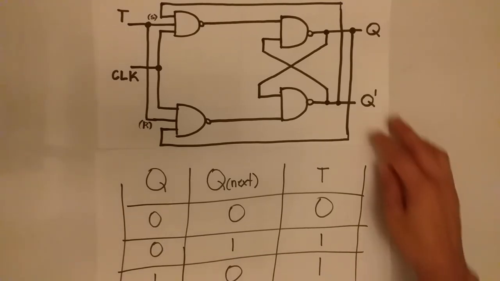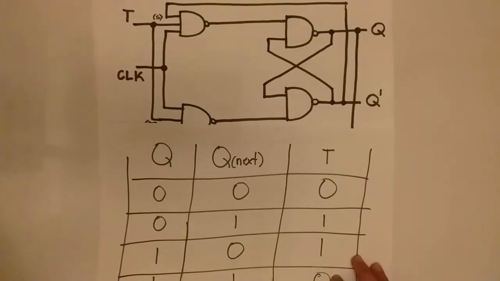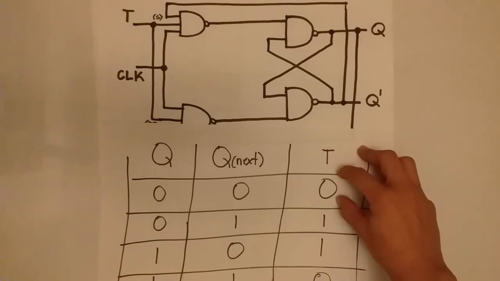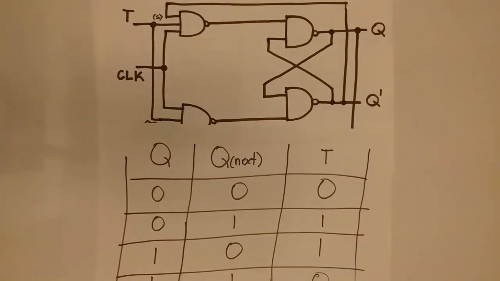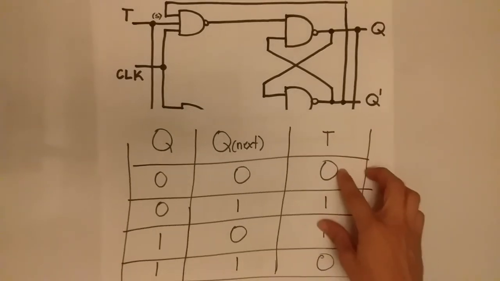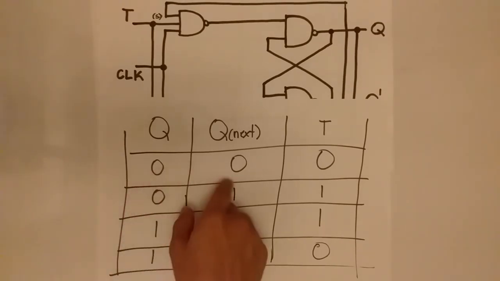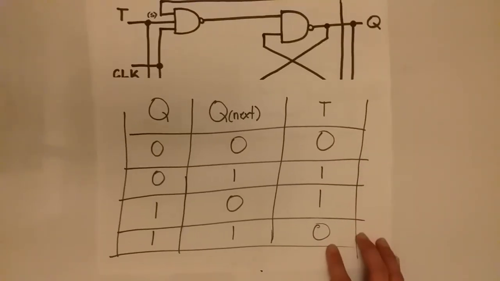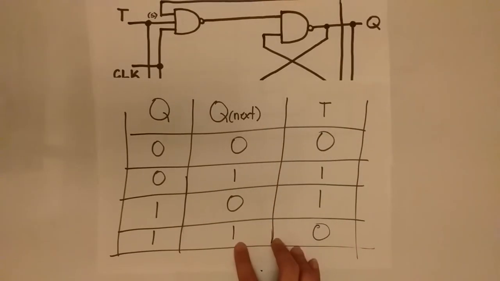In simple terms, the operation of the flip-flop is when the trigger input is equal to 0, the next state of the T flip-flop is the same as the present state. So when T is equal to 0 and your Q is equal to 0, then the next state of your output will be equal to 0. Furthermore, when T is equal to 0 and your Q is equal to 1, then the next output state is equal to 1.